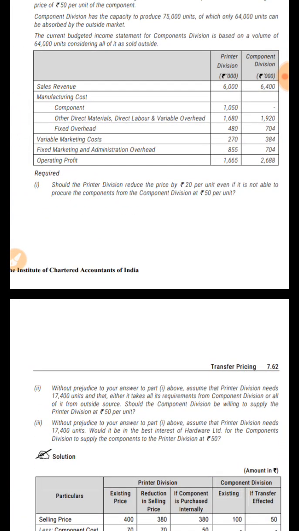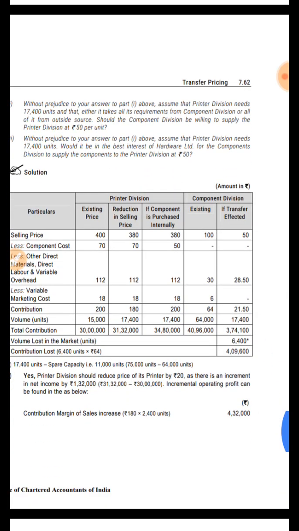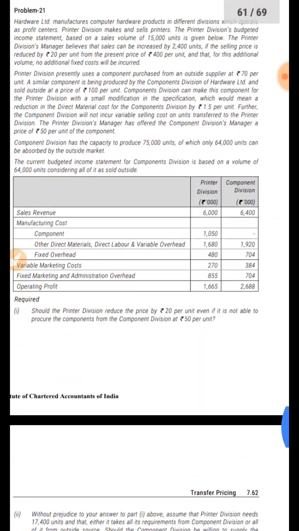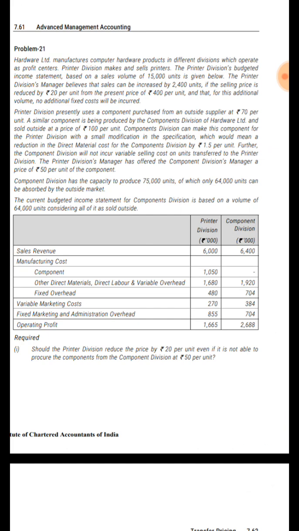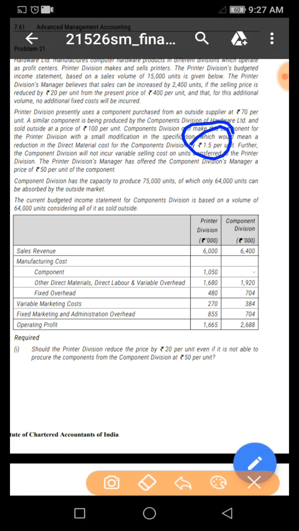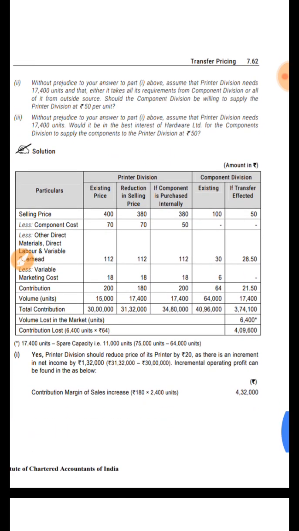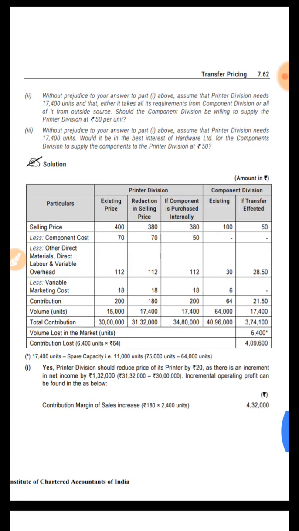Then variable marketing cost 3,84,000 divided by 64,000, you will get 6 rupees. The direct material will get reduced by 1.5 rupees if internal transfer takes place, that's why 28.50. And the variable marketing cost they will not incur, because it is an internal transfer.